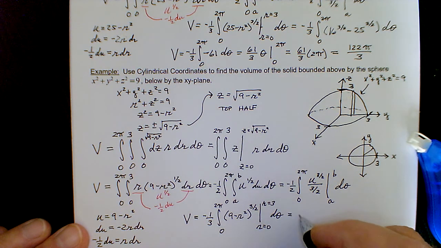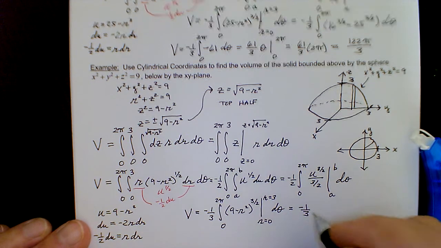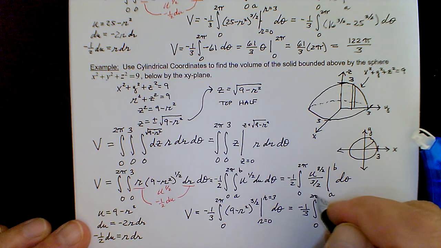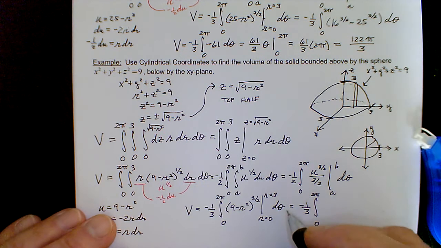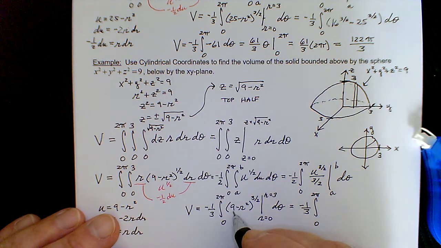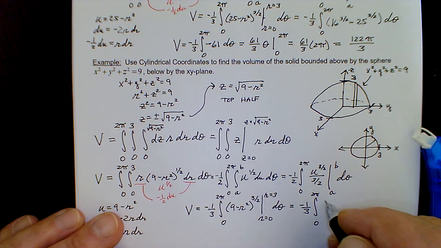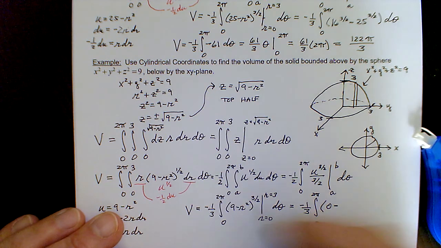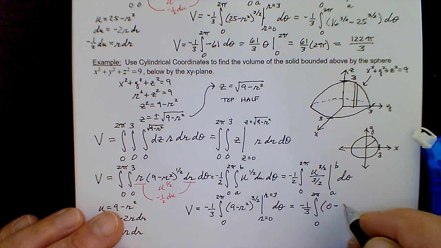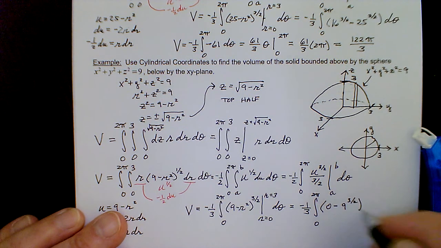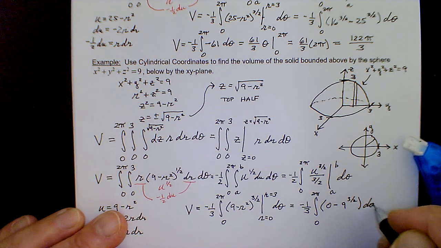So we get negative 1/3 integral 0 to 2 pi of, when we put a 3 in, we get a 0, because r squared is 9. So we get 0 minus, lower limit goes in, 0, so that would be 9 to the 3/2, and that's with respect to theta.